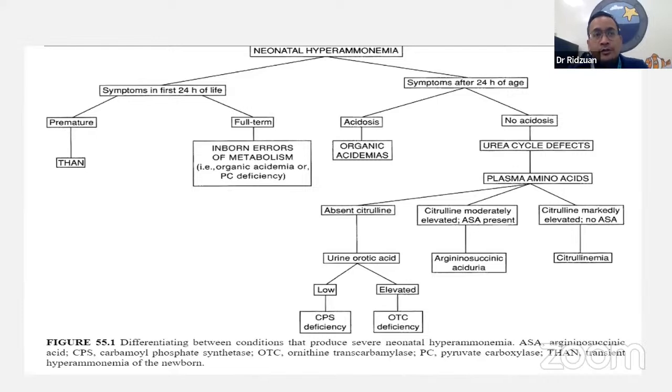Although no diagnostic amino acid elevations are observed in carbamoyl phosphate synthetase deficiency or OTC deficiency, a low or undetectable level of plasma citrulline is observed in both of these conditions. Carbamoyl phosphate synthetase deficiency and OTC deficiency may be differentiated by measuring urine orotic acid: in carbamoyl phosphate synthetase deficiency there is low orotic acid, with OTC there is elevated orotic acid.